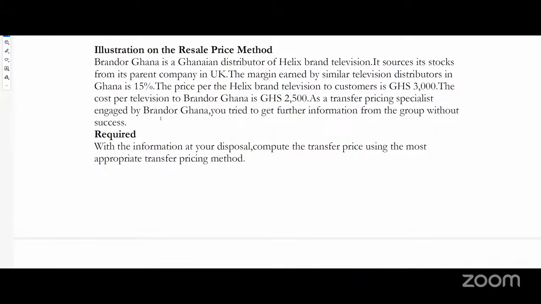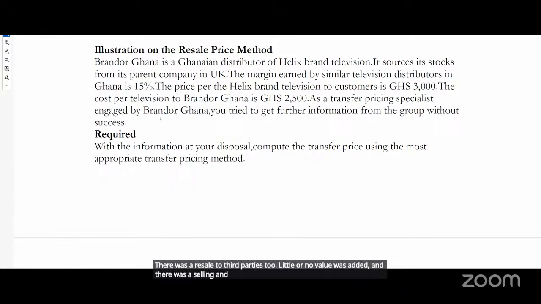No. So that means no value was added. So one, there was a resale to third parties. Two, little or no value was added, and there was a selling and distribution function. This makes resale price the most appropriate method.